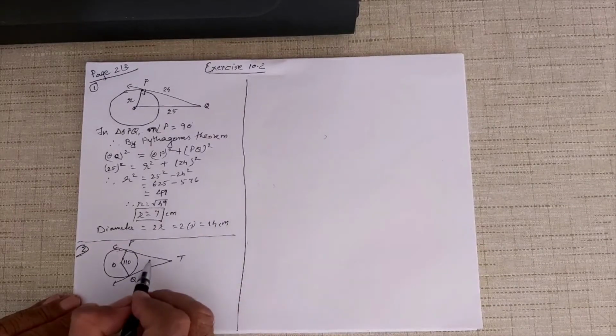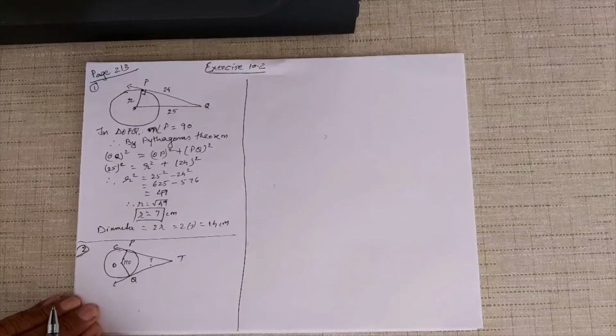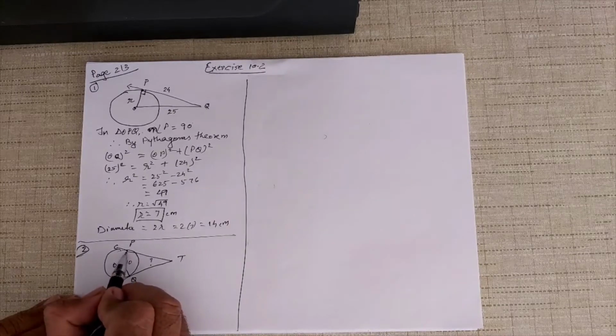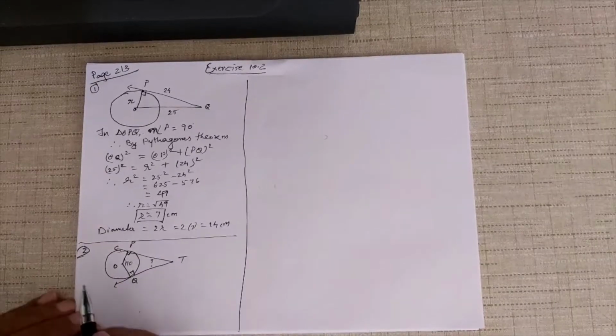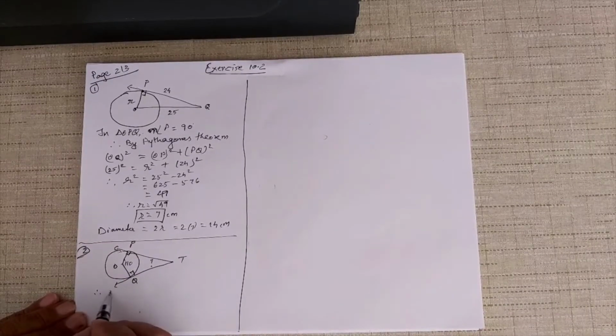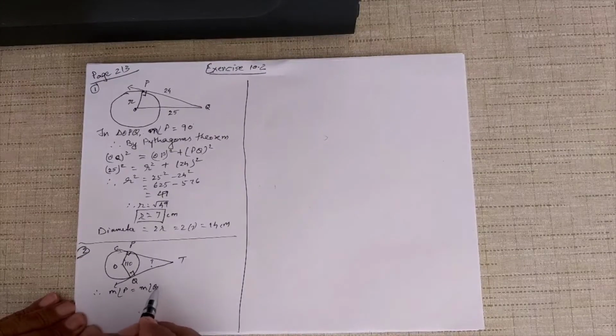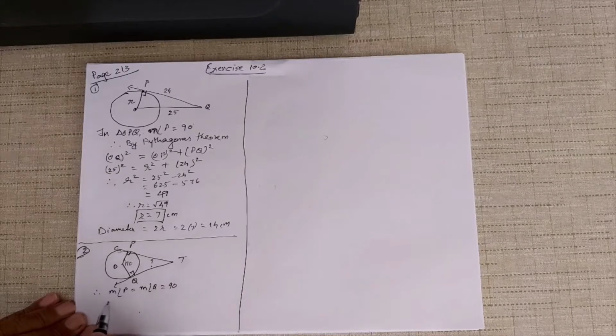You want to find this angle PTQ. Find the measure of angle PTQ. Now obviously according to theorem 10.1, this is going to be 90 degrees. So measure of angle P is equal to measure of angle Q is equal to 90 degrees, and measure of angle O is given as 110 degrees.